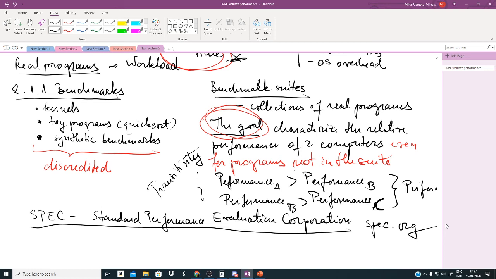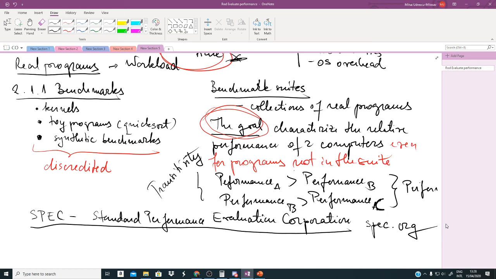They have benchmarks that cover different application classes, but the most important benchmarks maybe are the benchmarks for PCs.